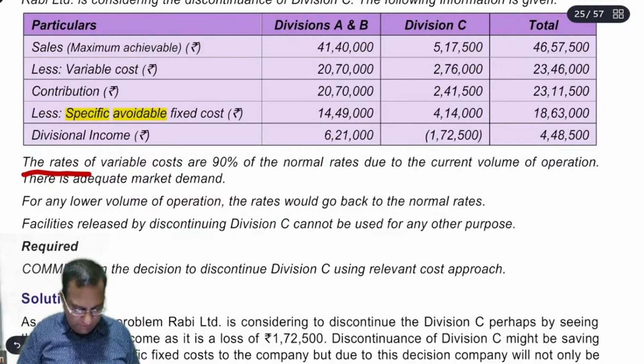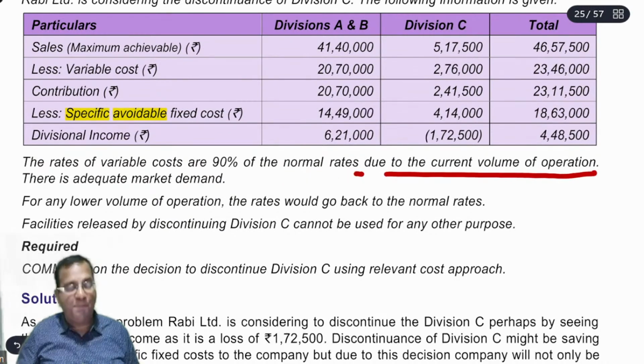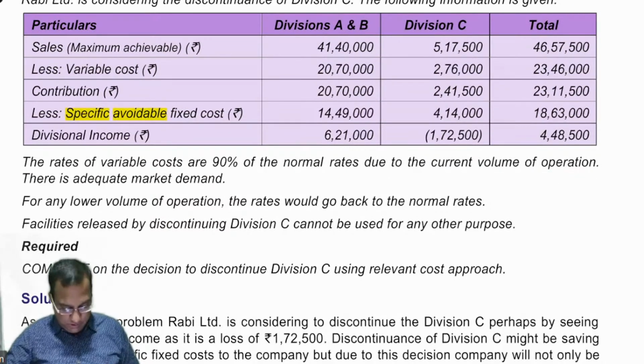The rate of variable cost is 90% of the normal rate due to the current volume of operation. Suppose the material and labor cost is ₹100, but due to the current volume, the cost that we are incurring for the same quantity and the same quality of that product is ₹90.